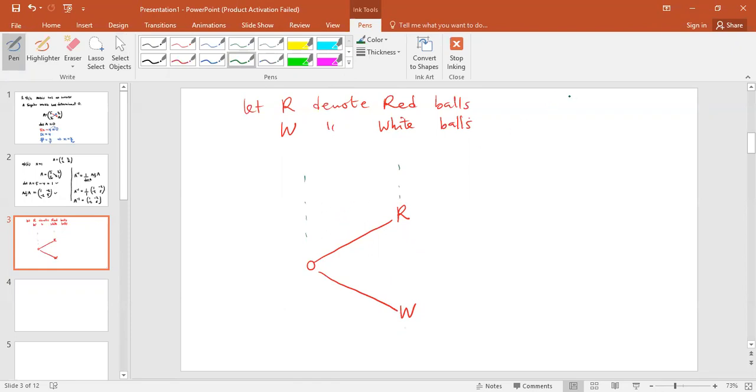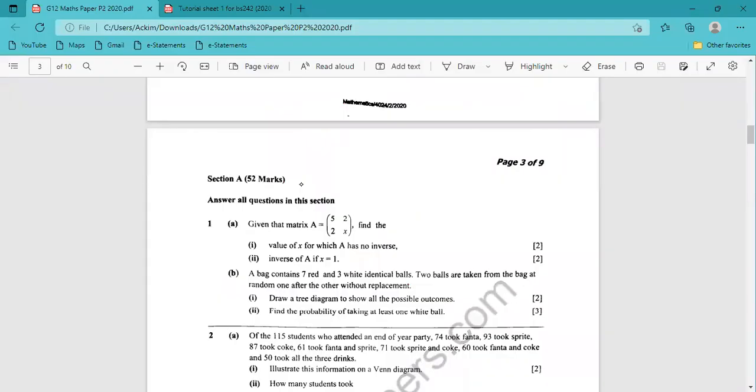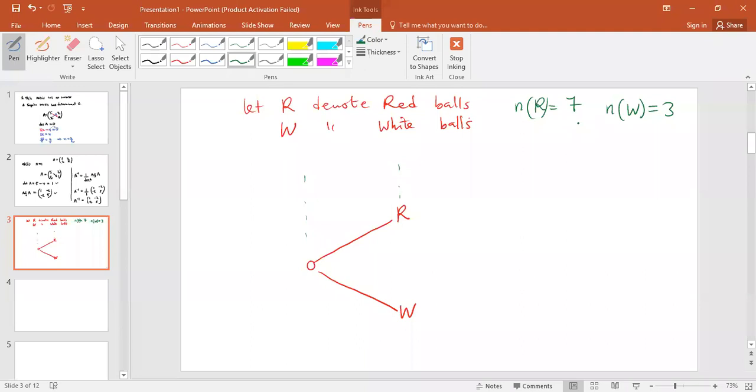There are 7 red balls and there are 3 white balls. Let's check that it's 3, not mistaken. So yes, 3 white and 7 red balls. That's what we have.